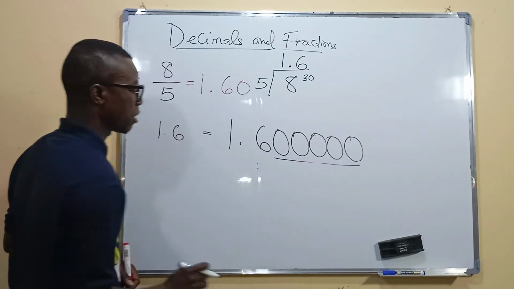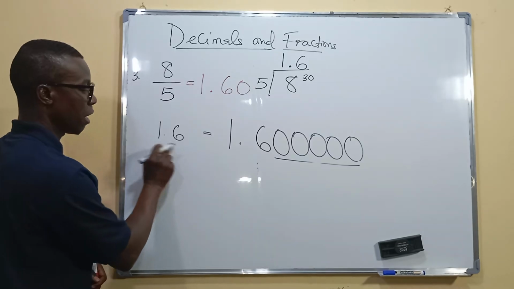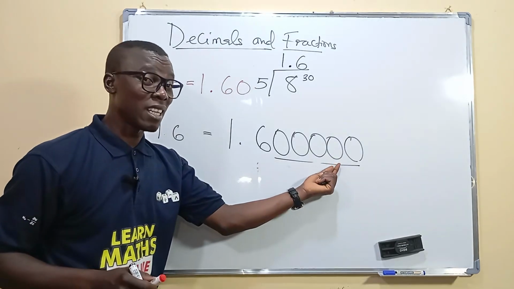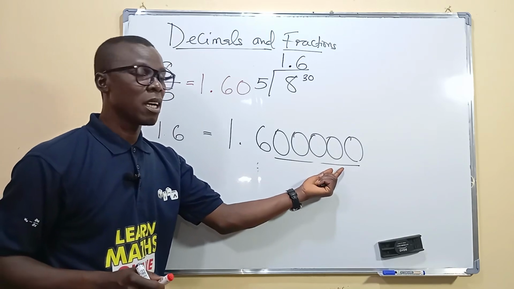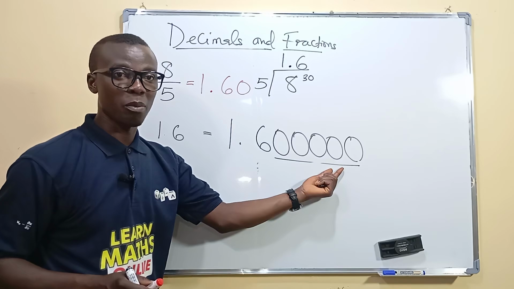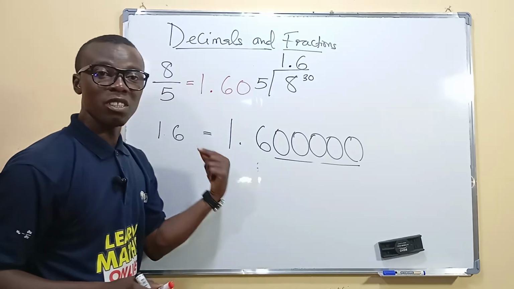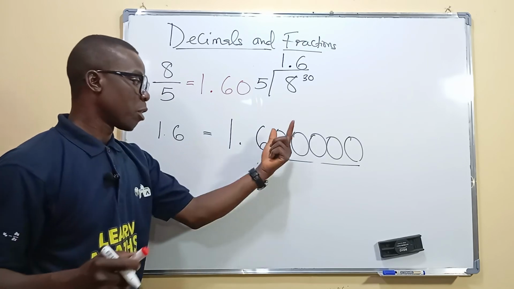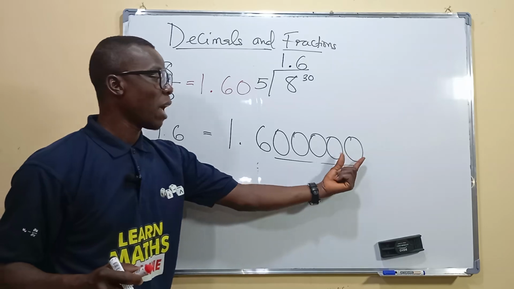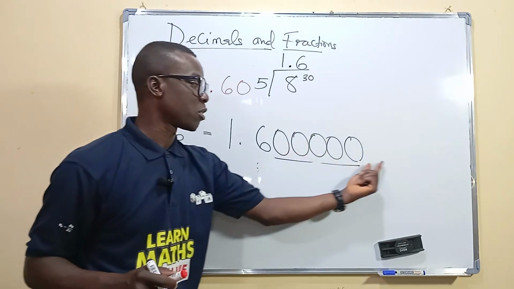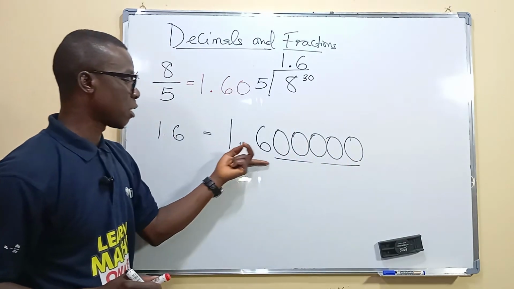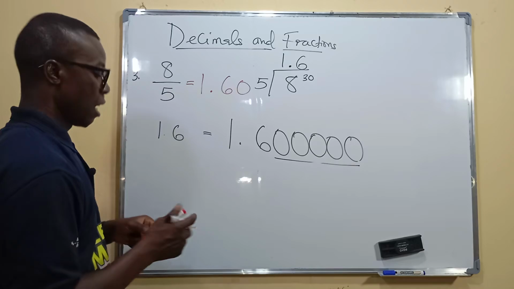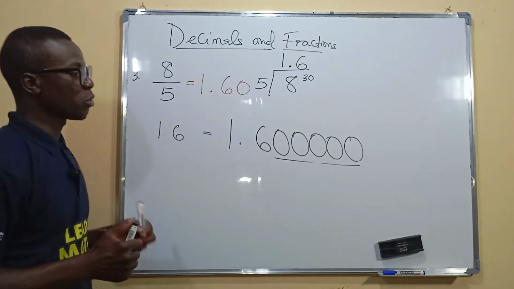We can throw this away and it will still be 1.6, and that's because we are adding zeros to the decimal fraction part. But it's not the same for the whole number part. For the whole number part, every zero we add makes the number bigger. But for a decimal, when we keep adding several zeros, it does not change the fact that this is still 1.6.